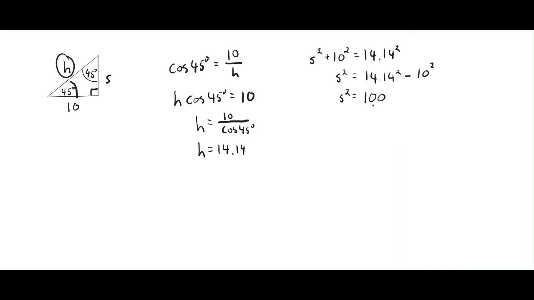Now, the reason it worked out that way is that we have a 45-degree angle. And whenever this angle is 45 degrees, you'll find that this side is actually equal to this side. So knowing that, we could have actually saved a step and just written that s equals 10. So you can remember that for next time you see a 45-degree triangle.